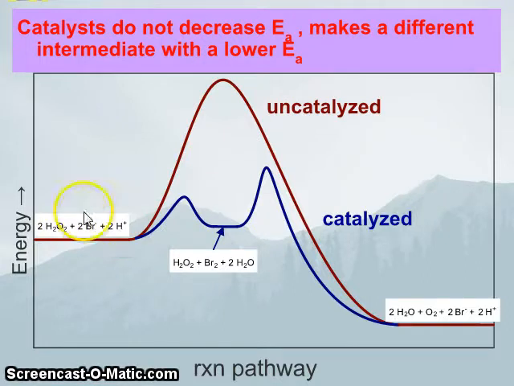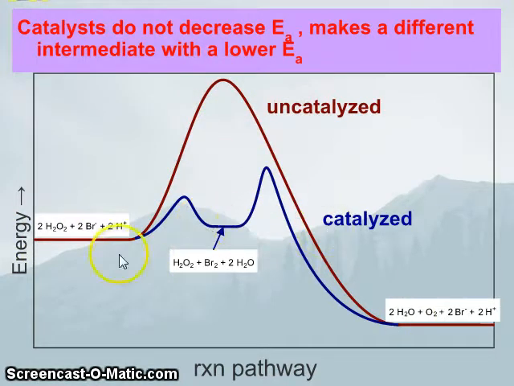So here's the reaction with hydrogen peroxide and bromine turning into hydrogen peroxide. So here's that same catalyzed reaction. So uncatalyzed, without the bromine, we have to go all the way up over this peak. So our energy of activation is relatively high.